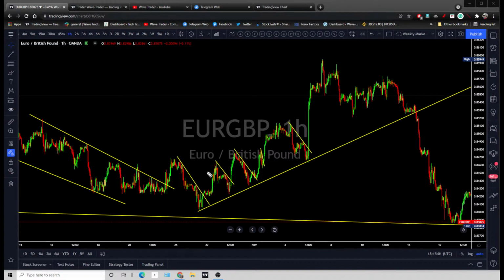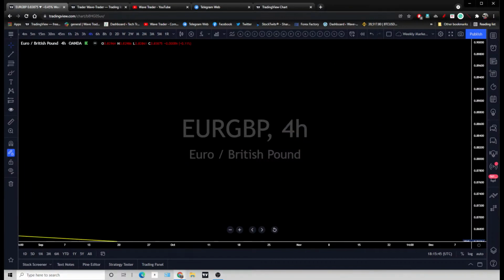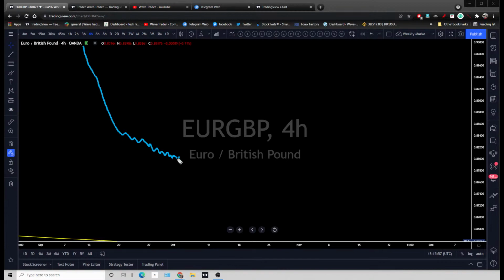Sometimes you see the price is falling, and then it starts slowing down. That means it is going to bounce off very quickly. When it bounces off very quickly, that's the sign for you to reverse. Sometimes price comes and boom, bounces off.